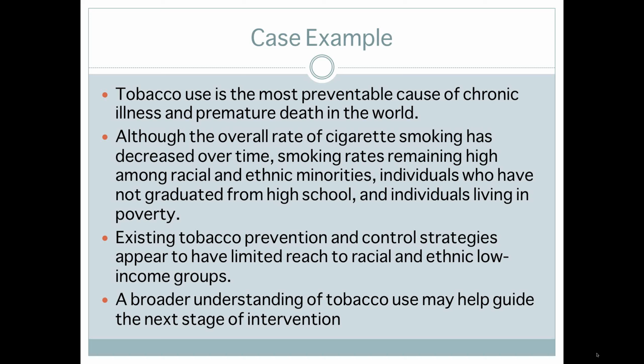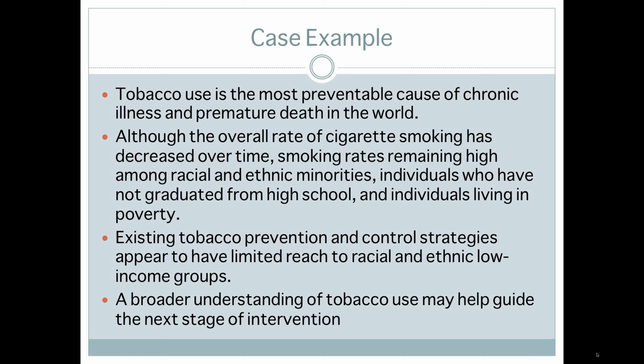So one of the things about the pattern of tobacco use, in particular cigarette smoking, is we see over time that cigarette smoking has decreased. And while it has decreased overall for most of the population, smoking rates have remained high in certain subgroups.